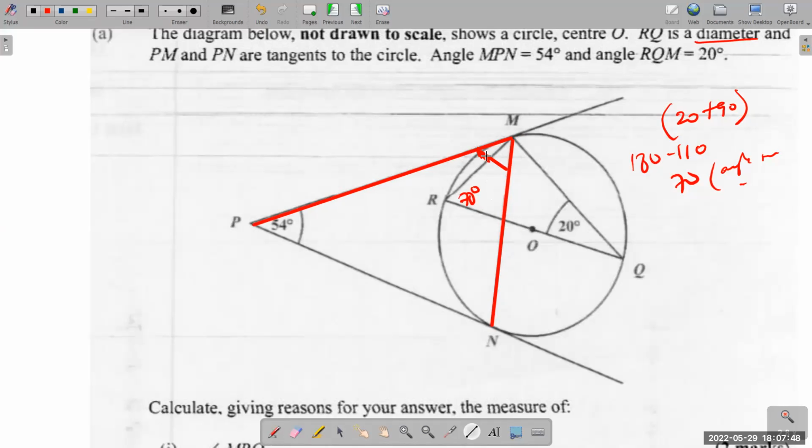How do we find that little piece in there? Anybody?